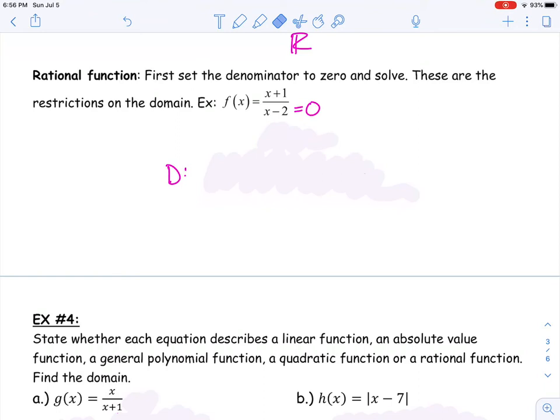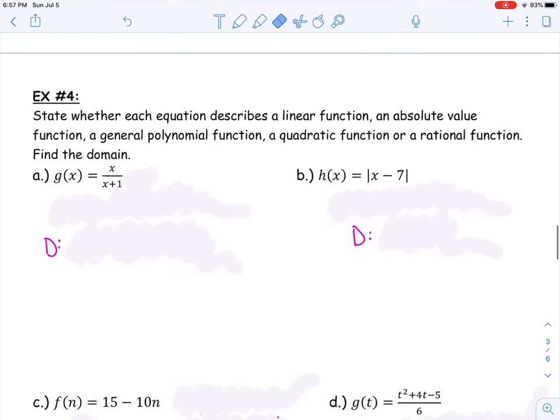So if I set that denominator equal to 0, I know that x can be anything except for x equals 2. That's going to cause that denominator to equal 0. So I can say in this rational function that my domain is negative infinity to 2, and then again from 2 to infinity, but making sure we don't include 2. That's the only x value that won't work in our domain because it's going to cause that denominator to equal 0. So make sure you're looking out for that anytime you have a rational function.